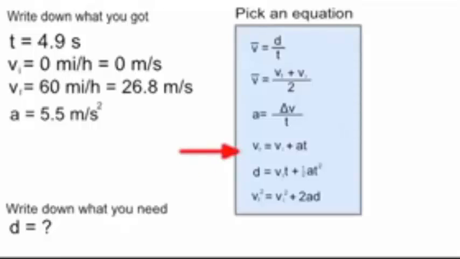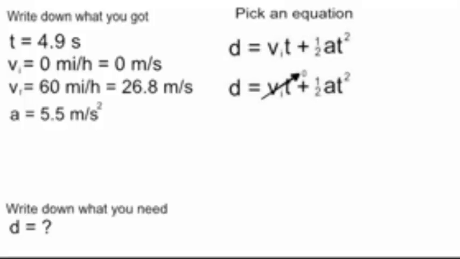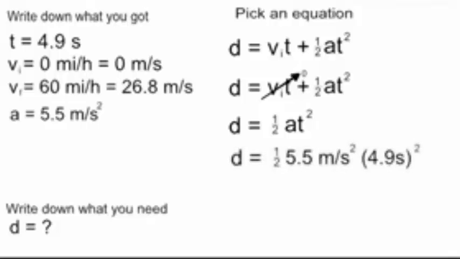Distance equals initial velocity times t plus 1/2 at squared. We write down distance equals initial velocity t plus 1/2 at squared, and since the initial velocity is 0, we can strike it out, it goes to 0.